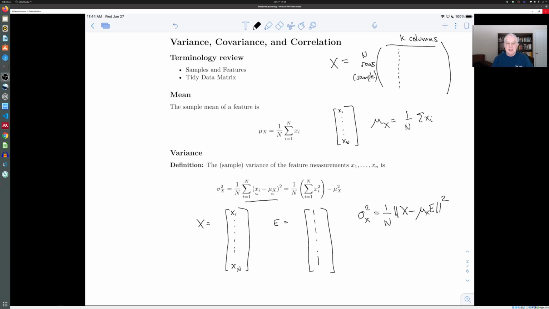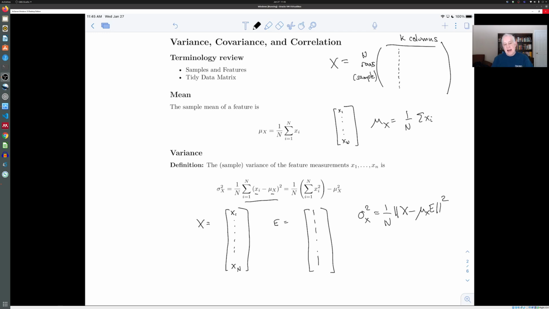And I'm calling this the sample variance to distinguish it from the variance that we talked about in the probability section. If we had an underlying statistical model and our data was drawn from a probability distribution, then that probability distribution would have a variance. The variance of the data that I'm describing here would be only an estimate of the underlying variance.